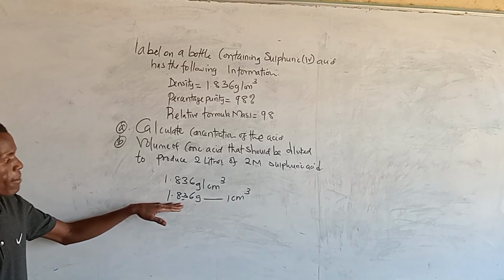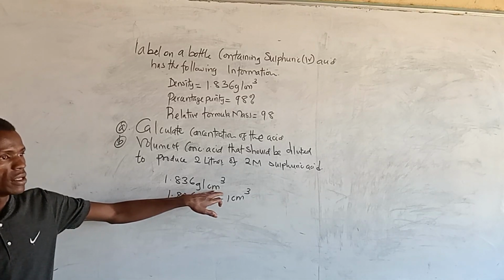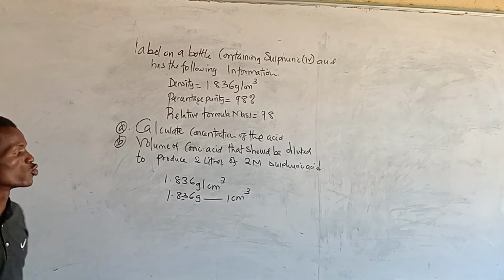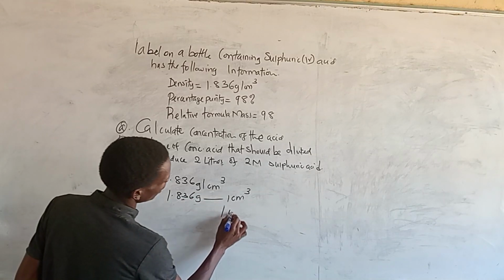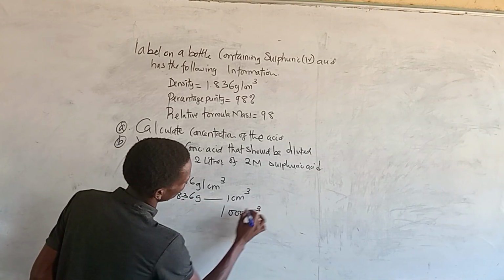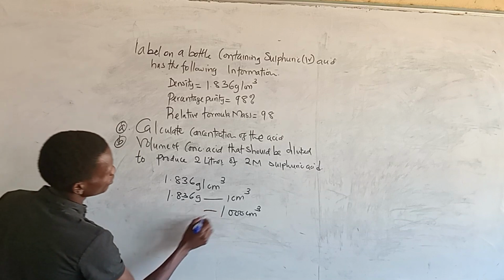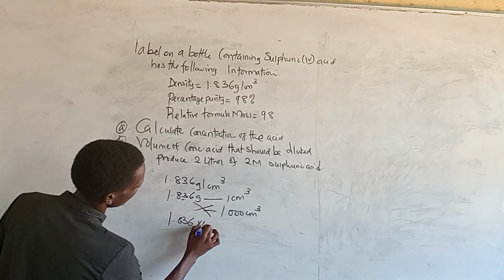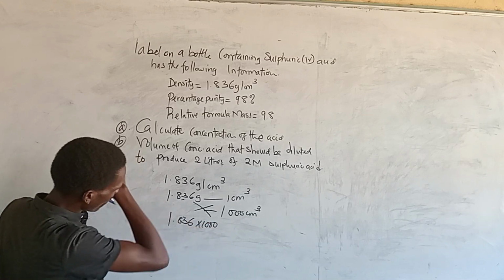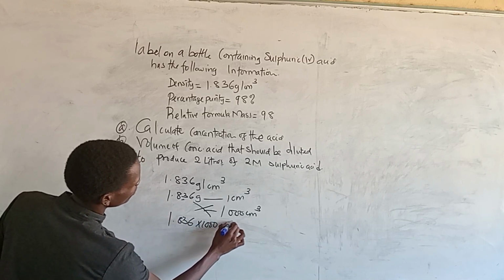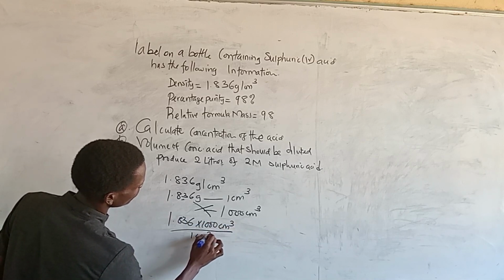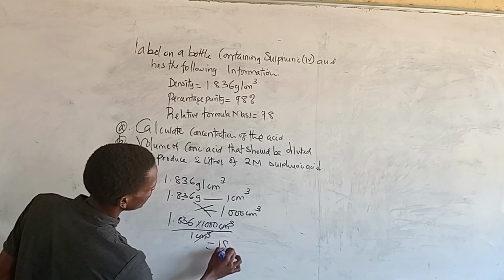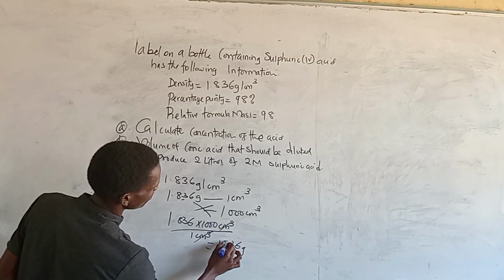So if the mass is given per centimeter cubed, we have to convert it to 1 liter, which is equivalent to 1,000 centimeter cubed. So here we have 1.836 multiplied by 1,000 centimeter cubed divided by 1 centimeter cubed. So we will have 1836 grams.